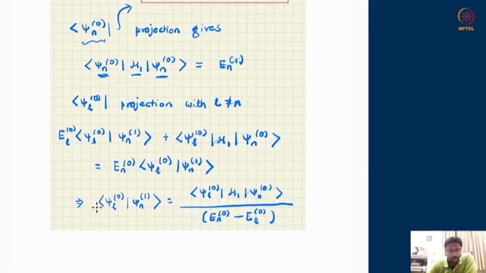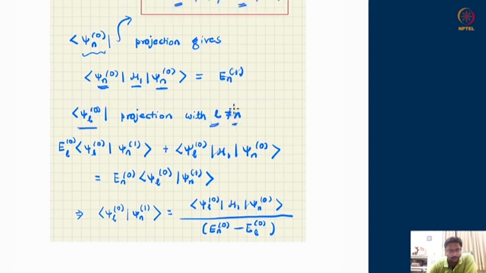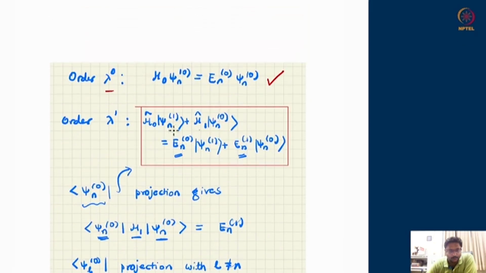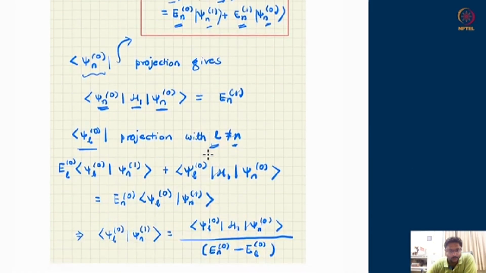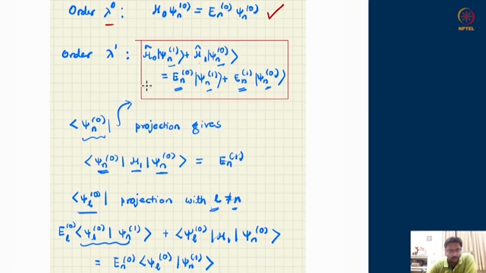Similarly, if I take the projection with respect to psi L0, where L is different from n, I take this equation, which is true for n, and then I take the inner product with respect to psi L0. Again, in the left hand side, this will come from squeezing H0 with psi L0.